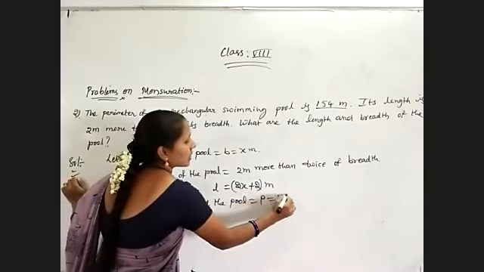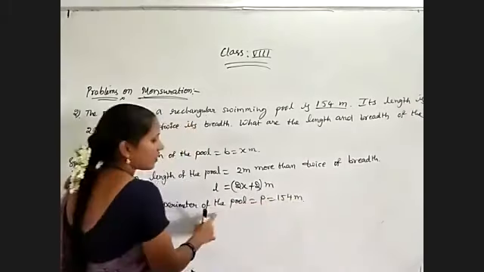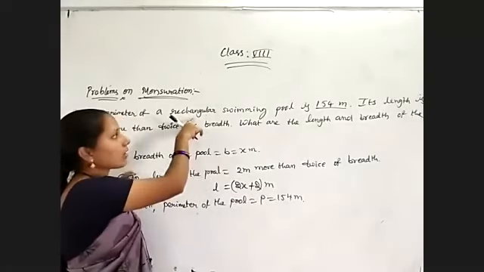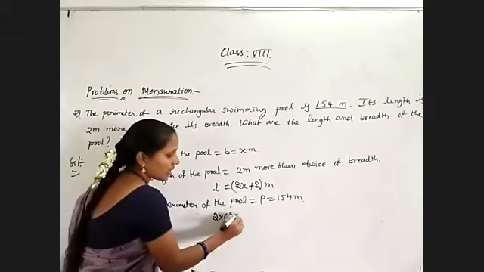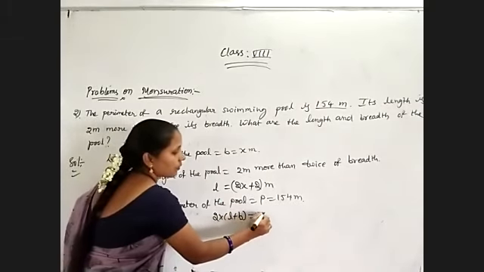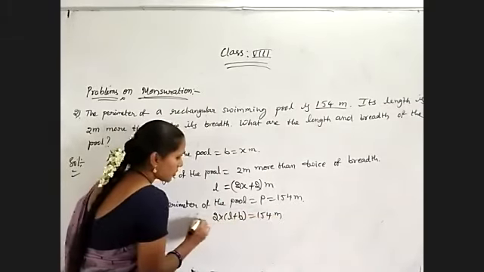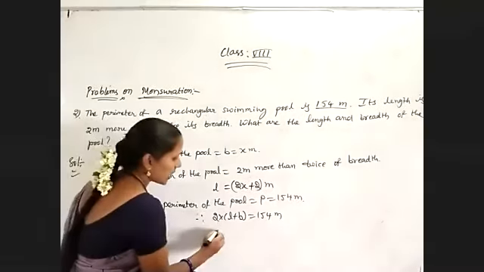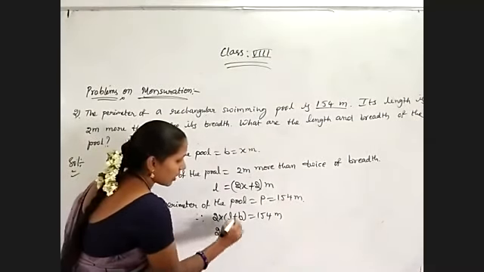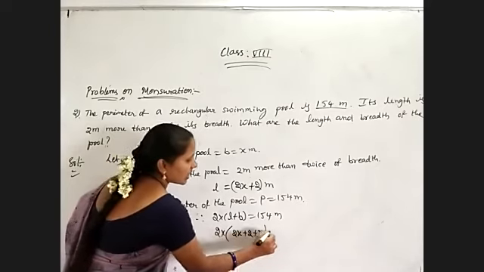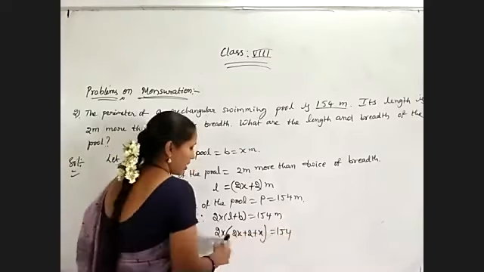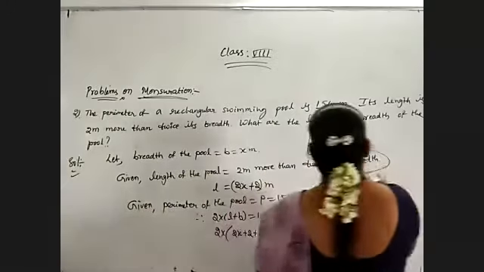Okay. Now given perimeter of the pool is 154 meters. So perimeter formula, because it is a rectangular swimming pool, is 2 into (L plus B) is equal to 154 meters. So substitute all the values. That is 2 into (2x plus 2 plus x) is equal to 154. Bring 2 this side.